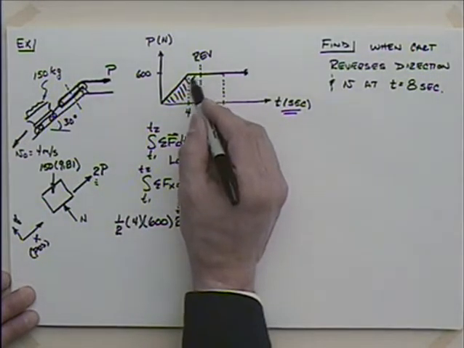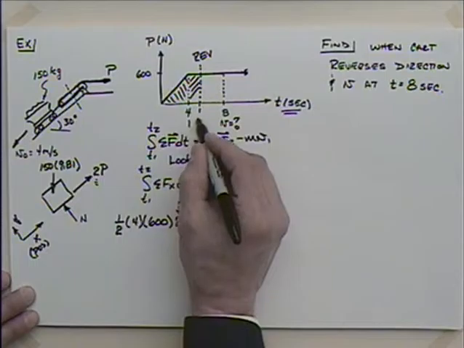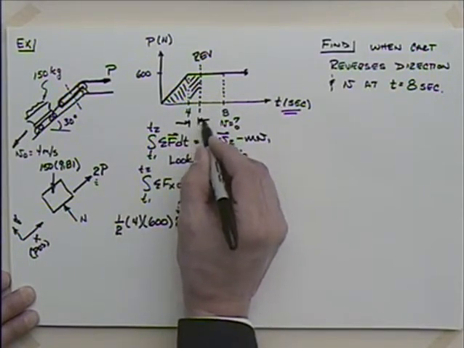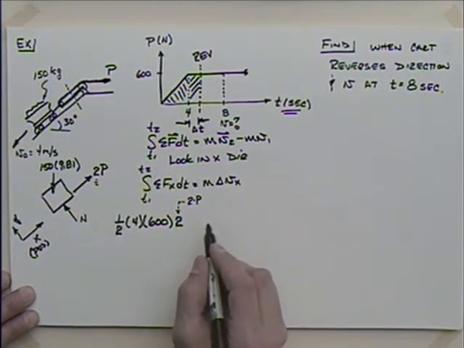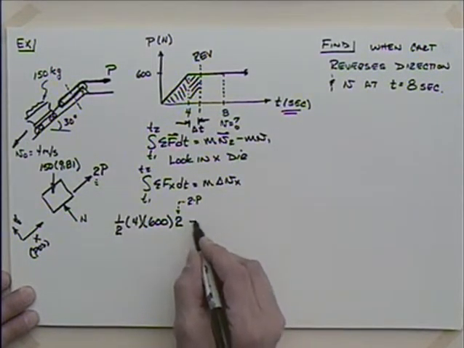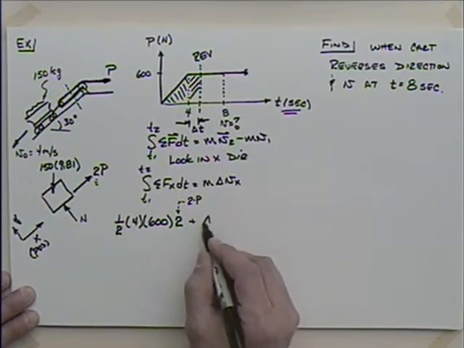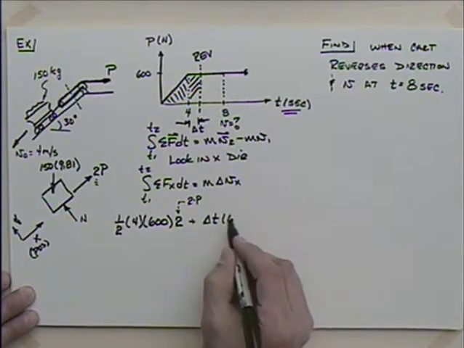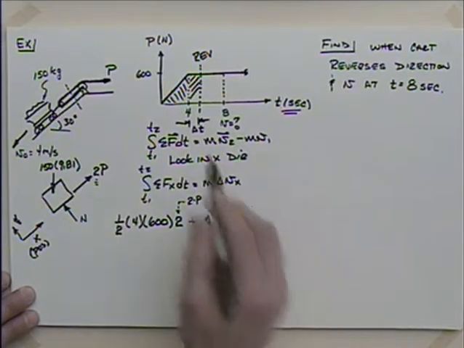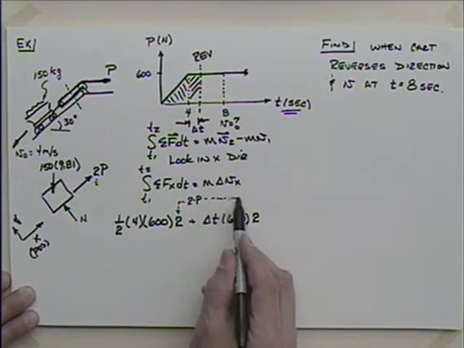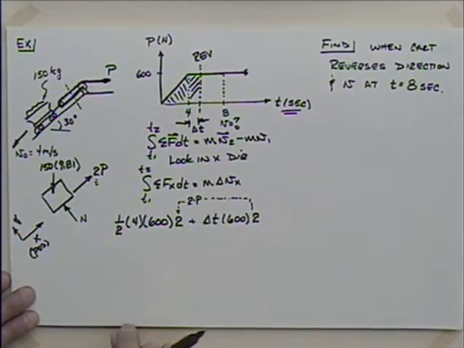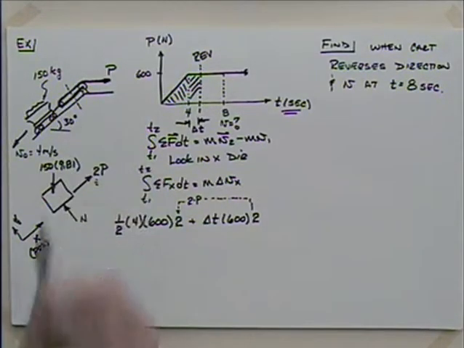Now I have to do this little piece over here. And I'm going to say that this chunk of time here is delta t. Okay. So I'll say that I have delta t times 600 times, and then I still have the 2. Okay, so there's that other 2. So I've pretty well exhausted my concerns with the cable, the 2P value.